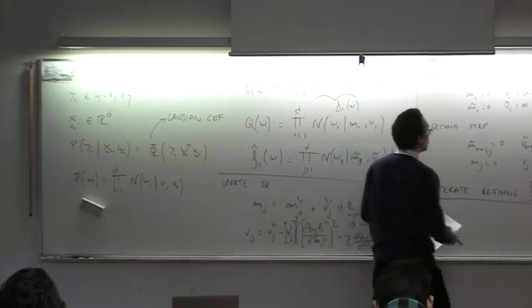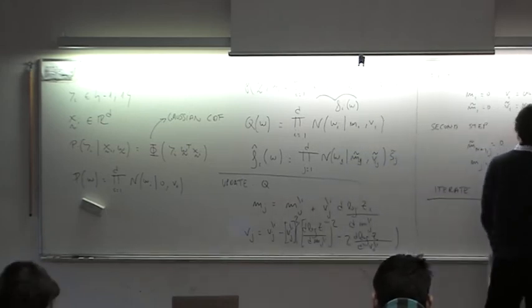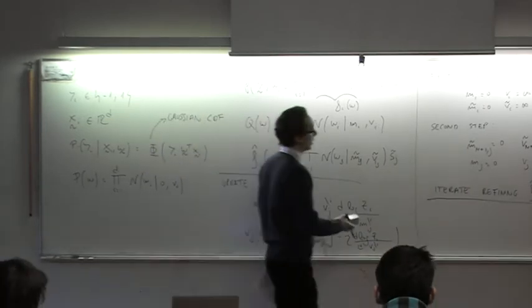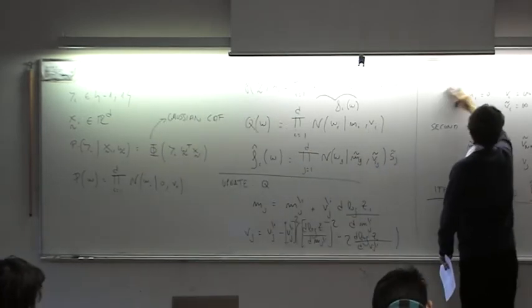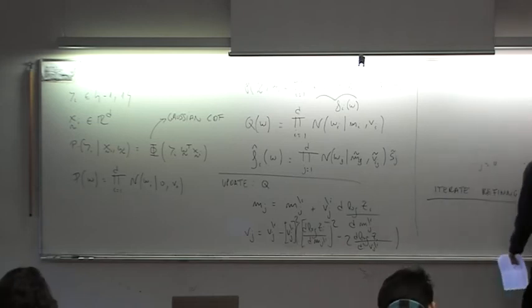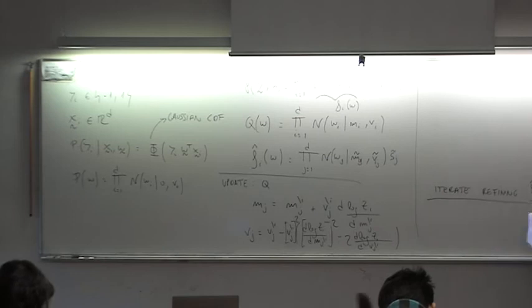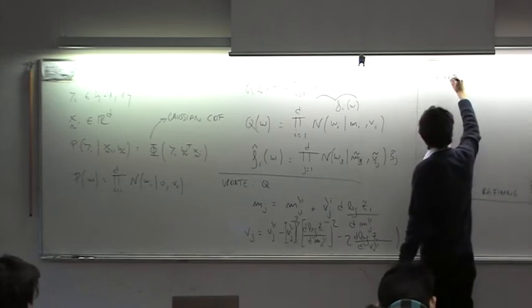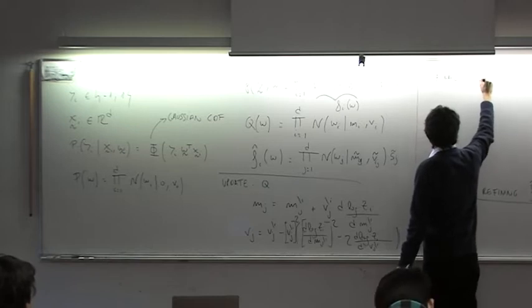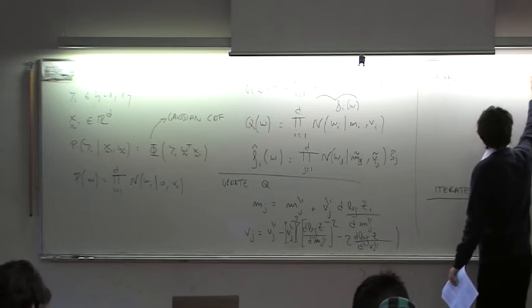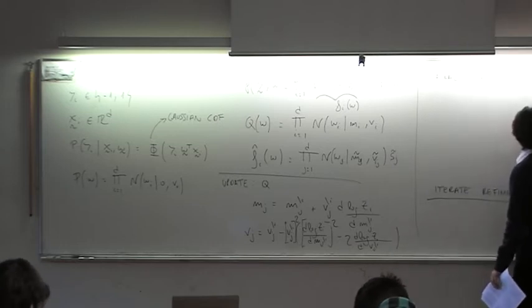So I just compute. The final step is to update the approximate factor, which is the same as the ratio of Q new.